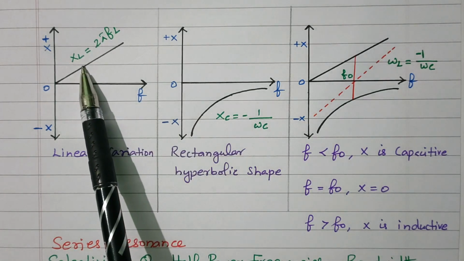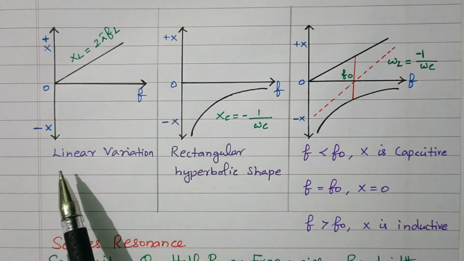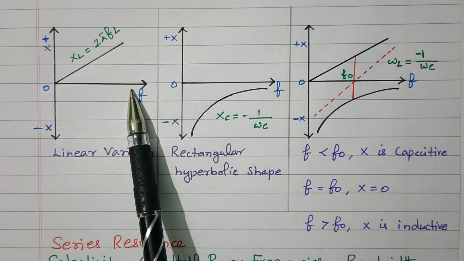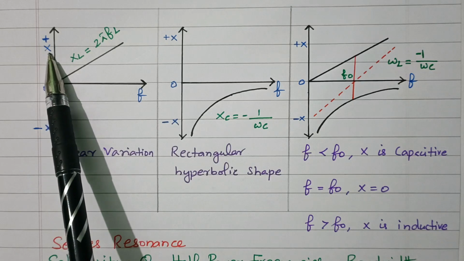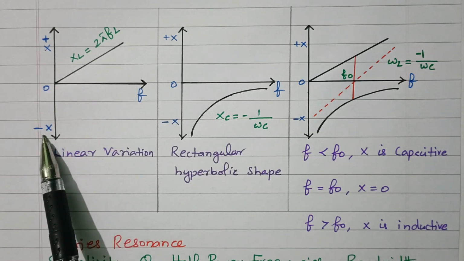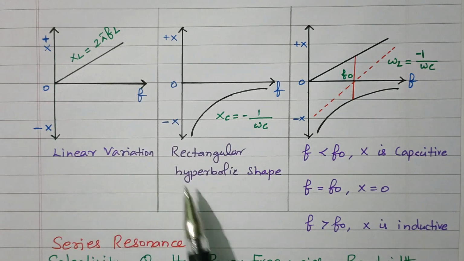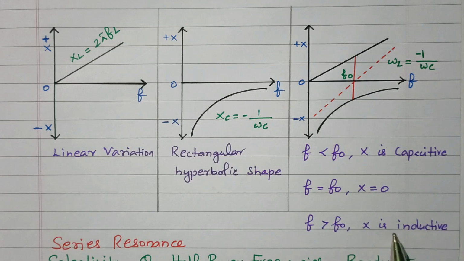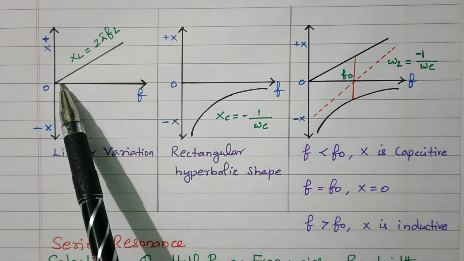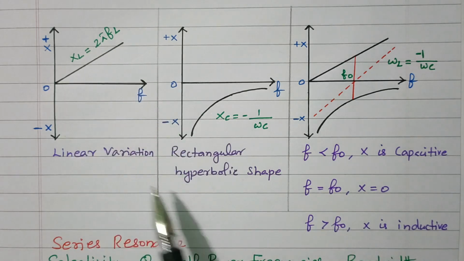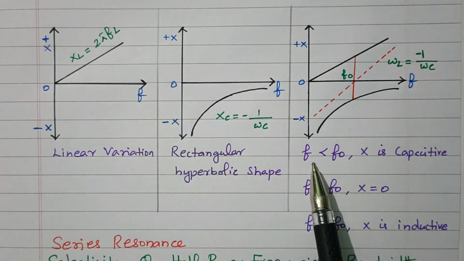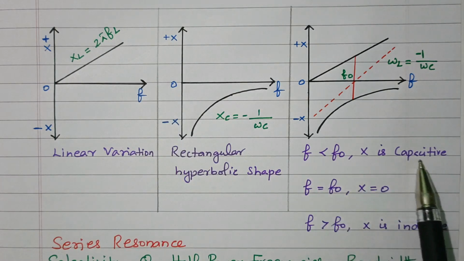Here XL is more, having the linear variation. On the X-axis we have frequency, on the Y-axis we have reactance, plus X and minus X. In this case we get the linear variation, that is, F is greater than F naught and X is inductive. Second one, F is less than F naught, that is, X is capacitive.